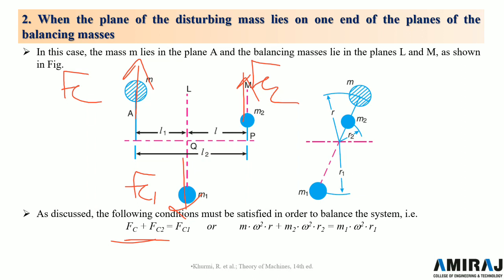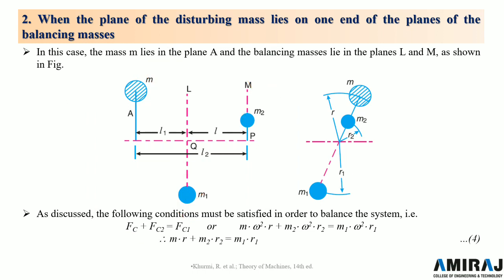So we will get m omega square r plus m2 omega square r2 is equal to m1 omega square r1, and we will find the equation for the same.